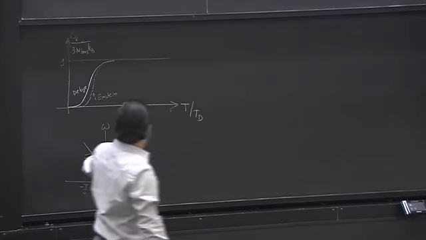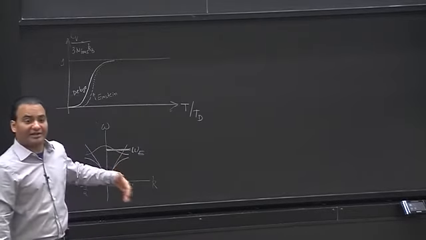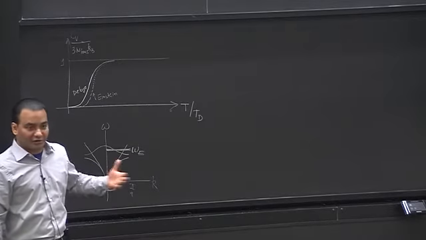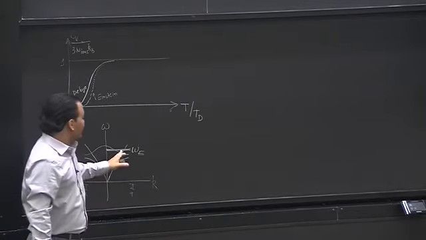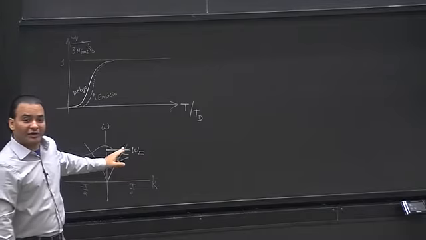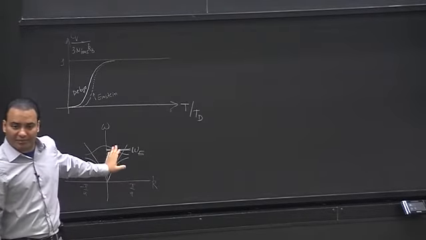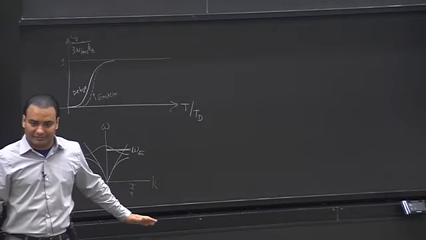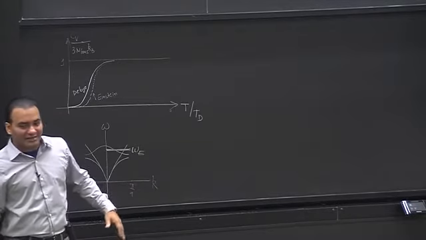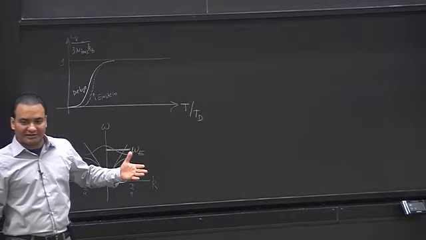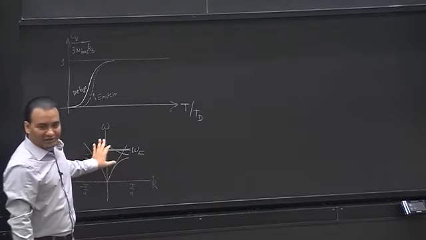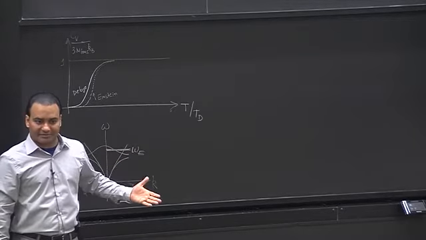Physically, the reason the Einstein model did not do as well is that in the Einstein model, you're neglecting the dispersion of these optical modes altogether. What Debye said is that in solids, we know that optical modes still have some dispersion.